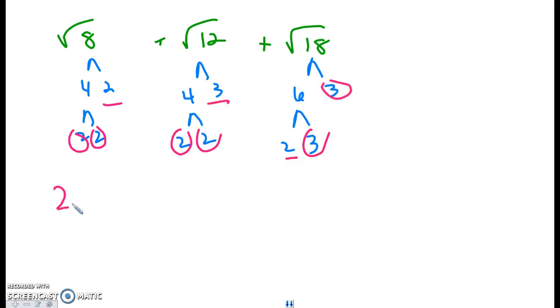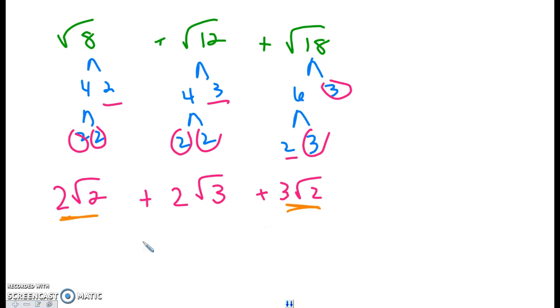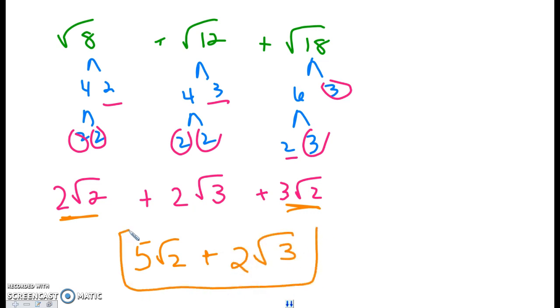So this one I have 2 radical 2 plus 2 radical 3 plus 3 radical 2. So I have some radical 2's, and those I can combine. So 2 plus 3 is 5 radical 2. And then this one doesn't have a like term or something else with a radical 3, so I can just keep that on the side. And that would be my final answer, okay?